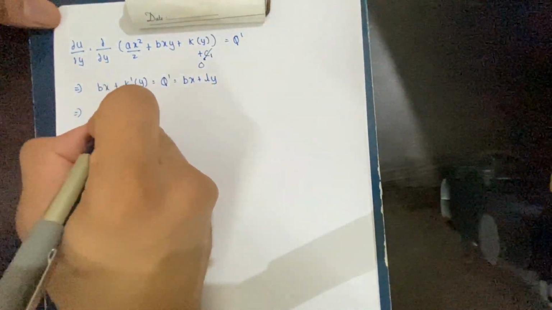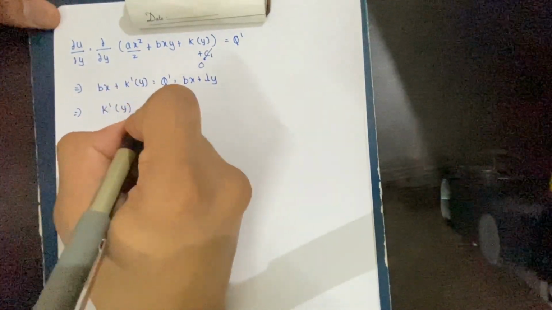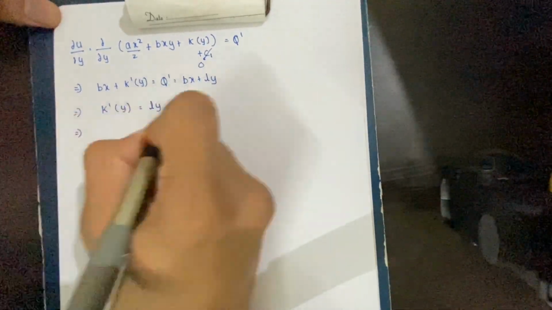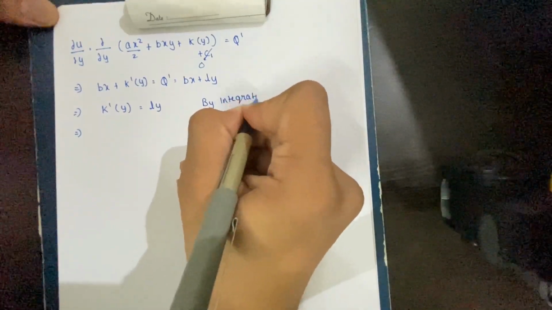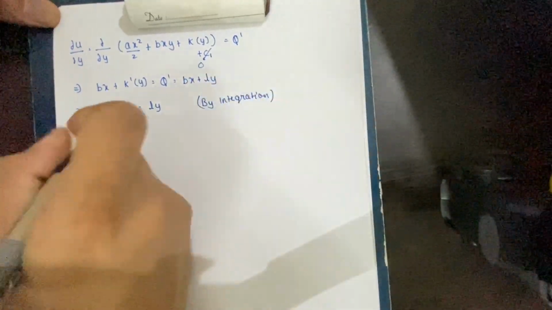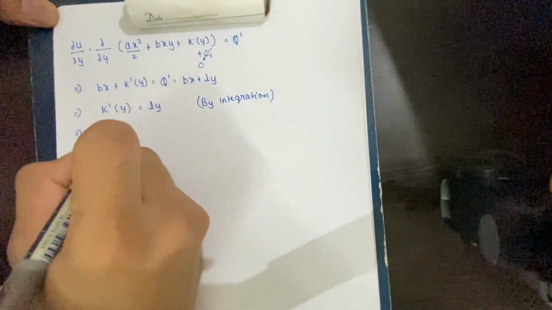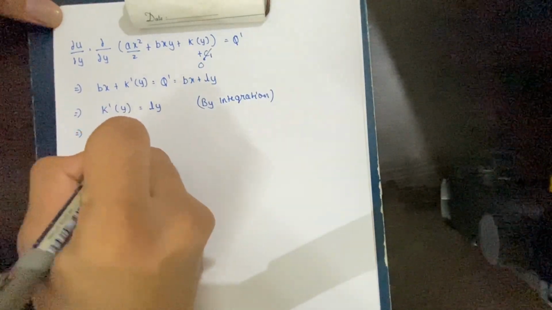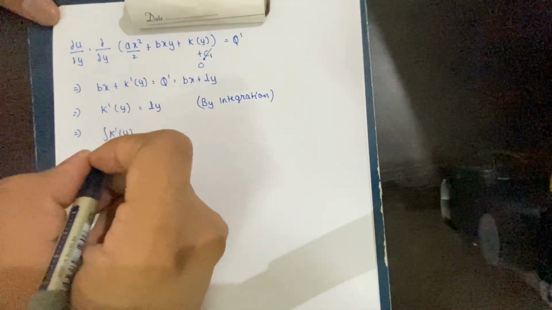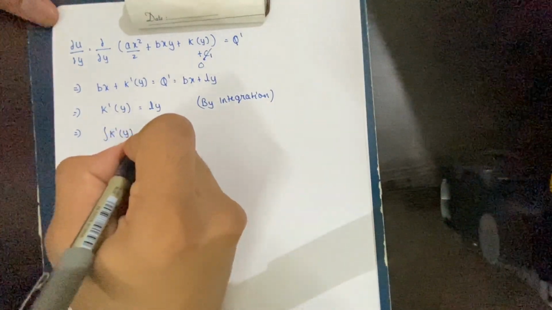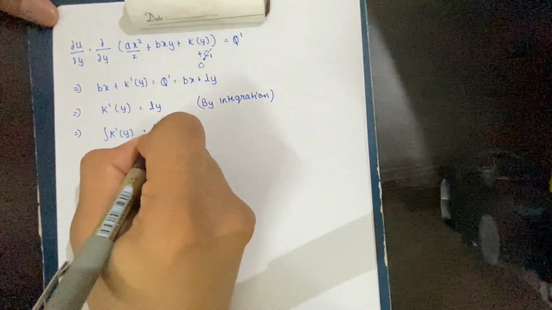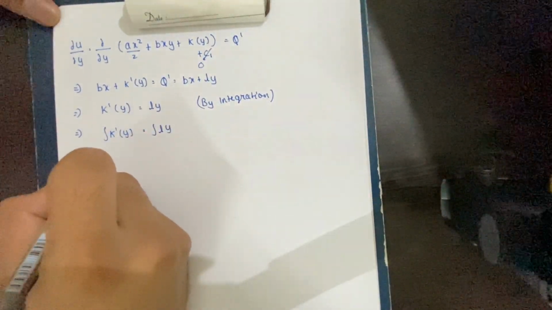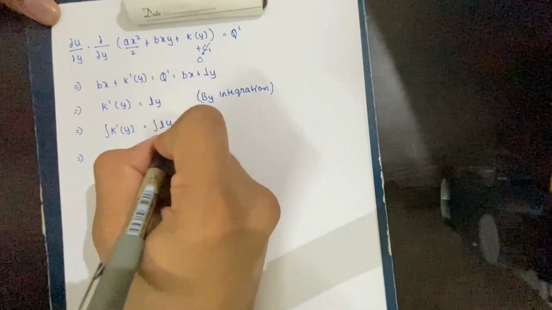Now, by integrating, the integral of k dash of y equals the integral of ly dy.